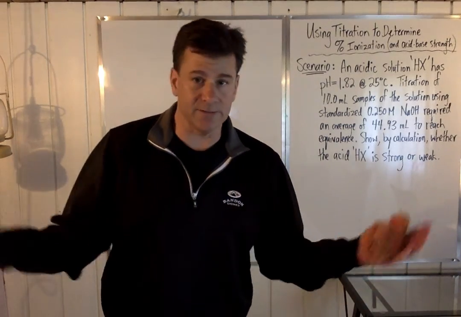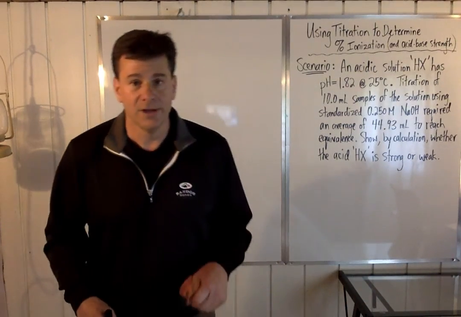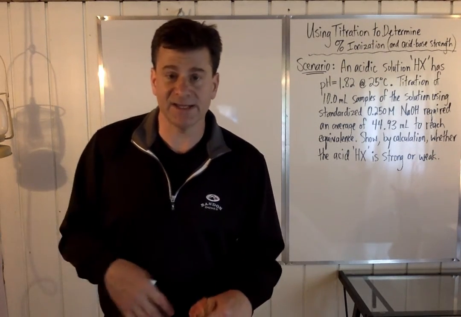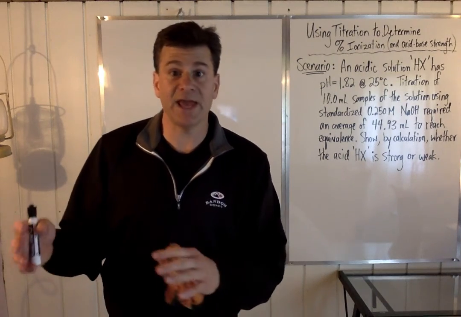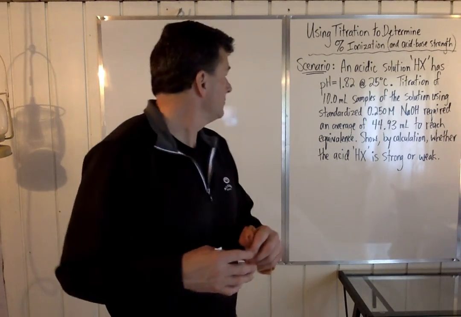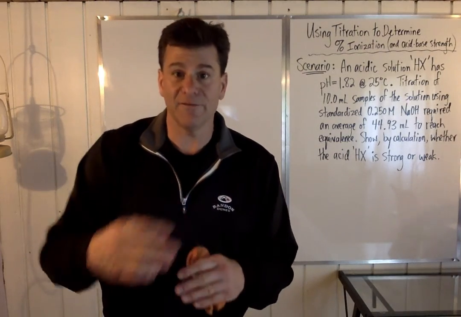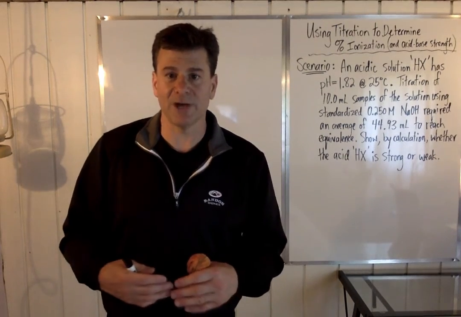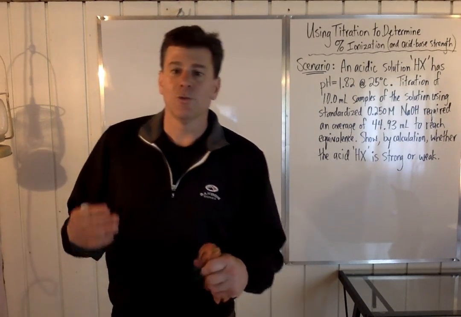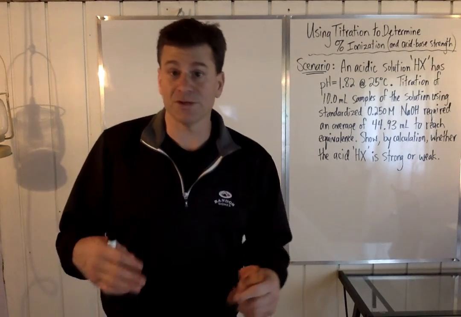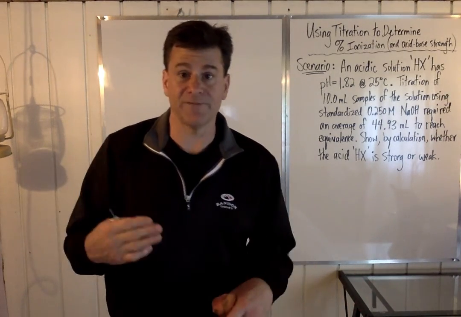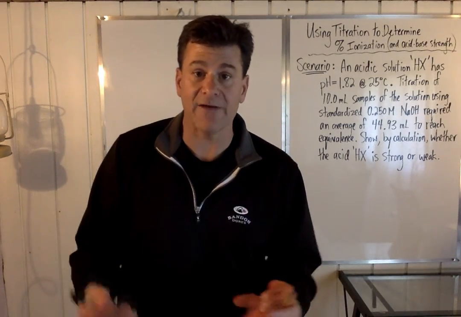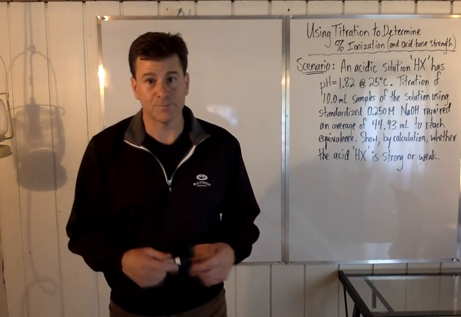However many trials we did, when you took 10 ml samples of this unknown acid HX, the average pH of those samples was 1.82, the average volume of each sample was 10.0 milliliters, and the average amount of sodium hydroxide used to titrate each one was 44.93. If I had a data table with 4 different trials, they wouldn't all be 44.93. You would have averaged them, and that's the value you would have gotten.